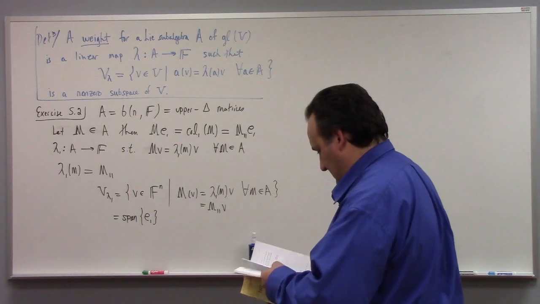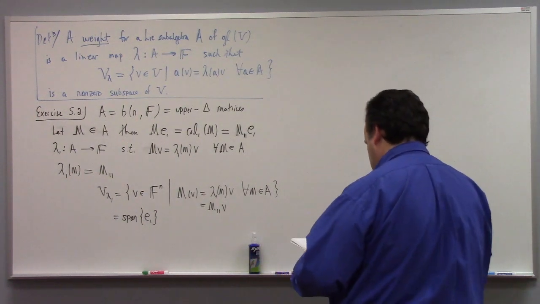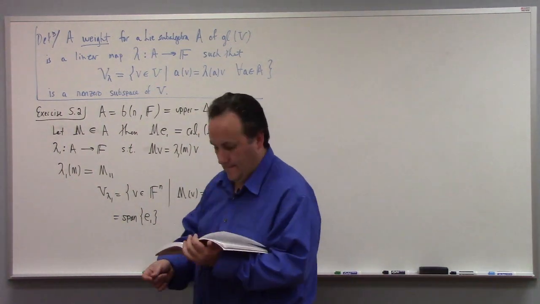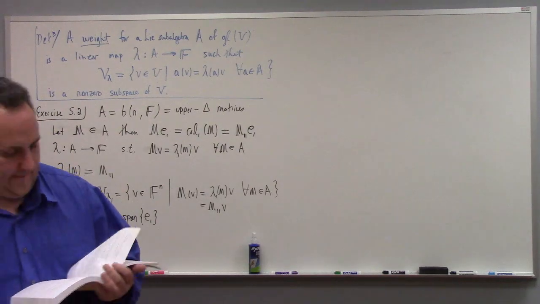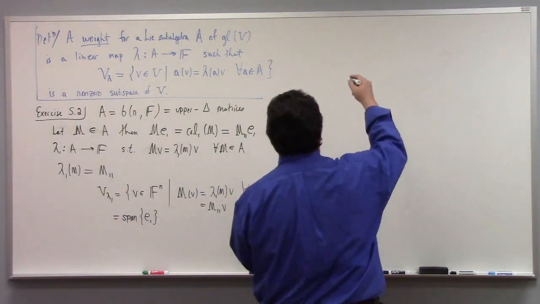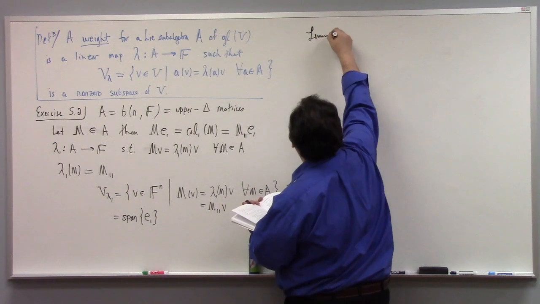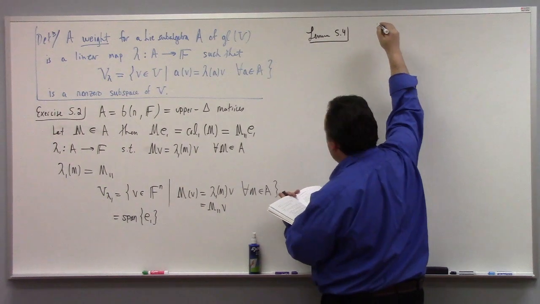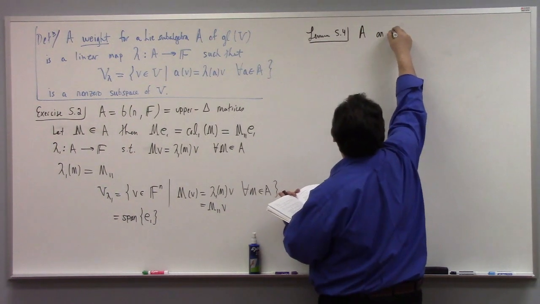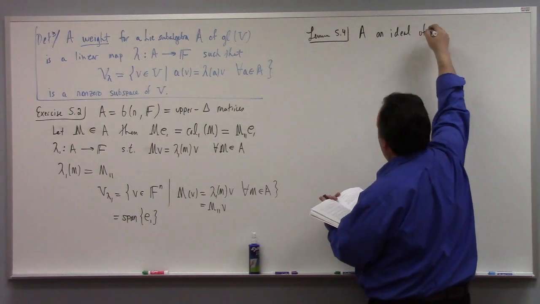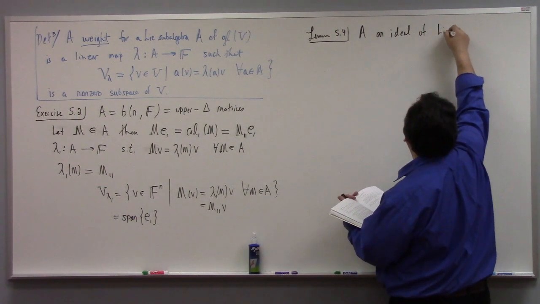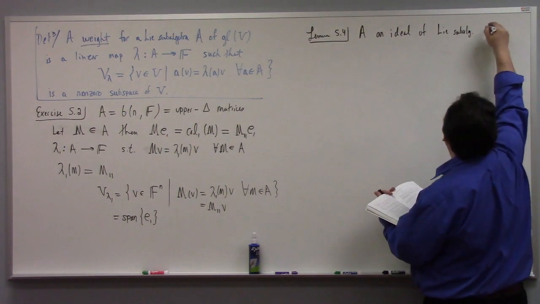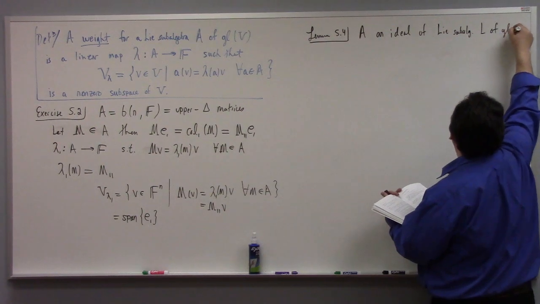So let's see here. Lemma 5.4. He says, suppose A is an ideal of a Lie subalgebra L of GL(V).